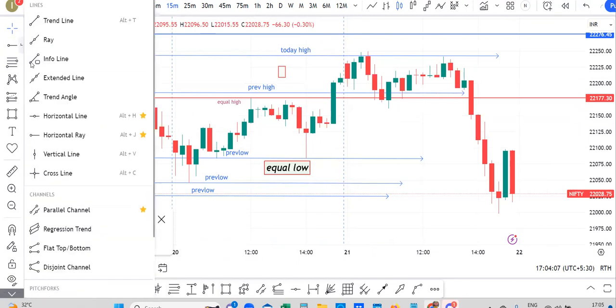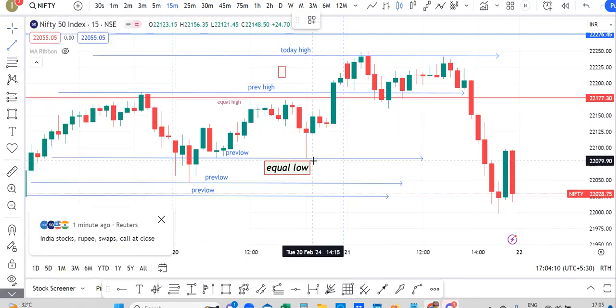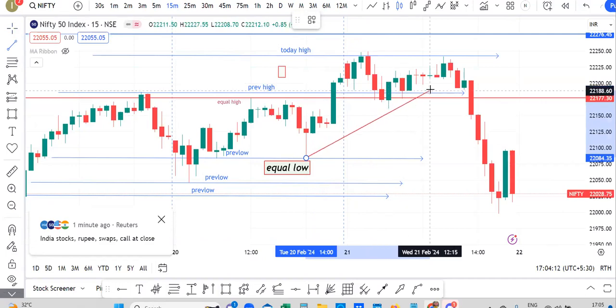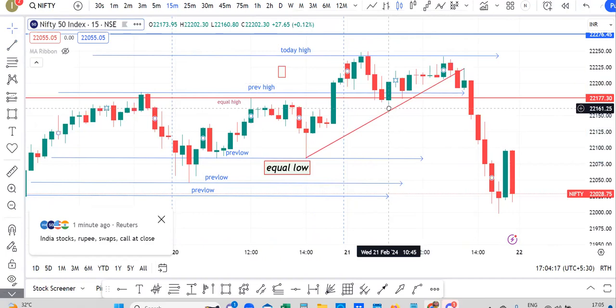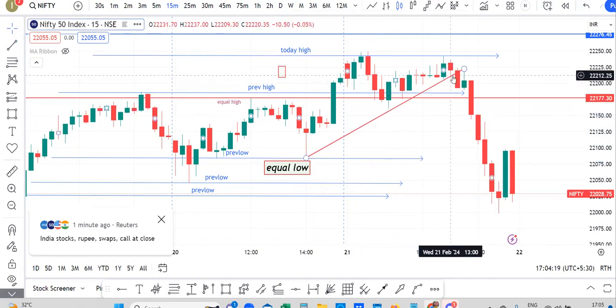When I draw the trend line, you can also do that. I'm connecting the lows. See, this is the low, this is the low.